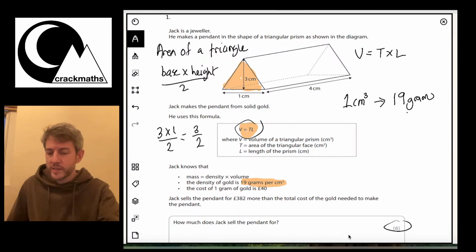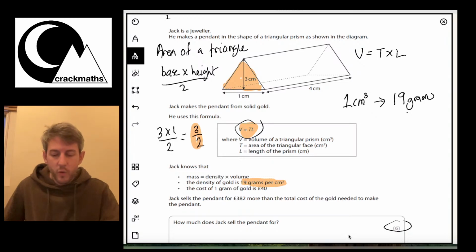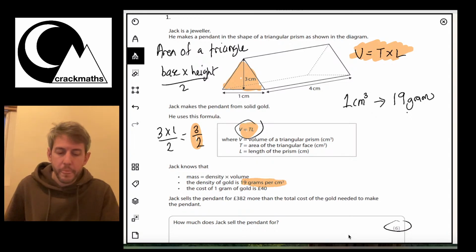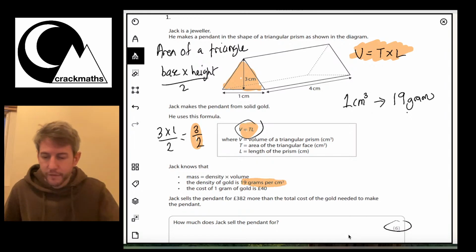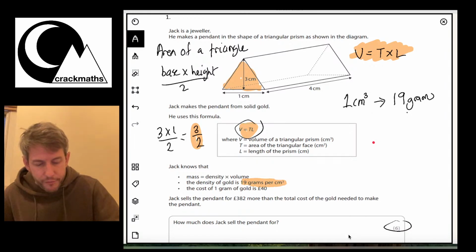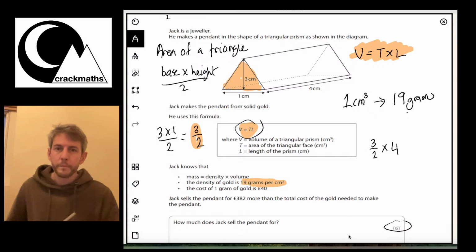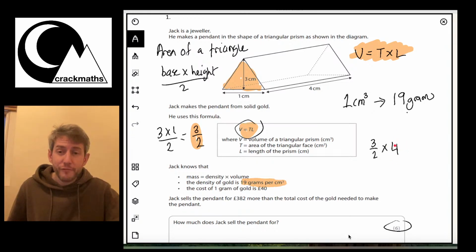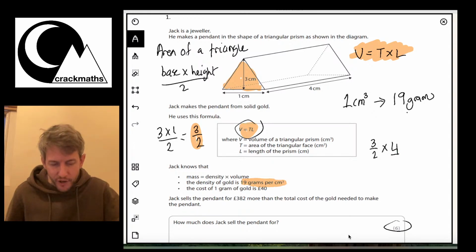But now that we've got it as 3 over 2, we then need to times it by the length, because the volume of the prism is the triangular face, which we now know is 3 over 2 centimetres squared, times the length. So we're looking for 3 over 2 times 4. Now, whenever we multiply fractions together like this, we have to remember that every number is secretly a fraction over 1.